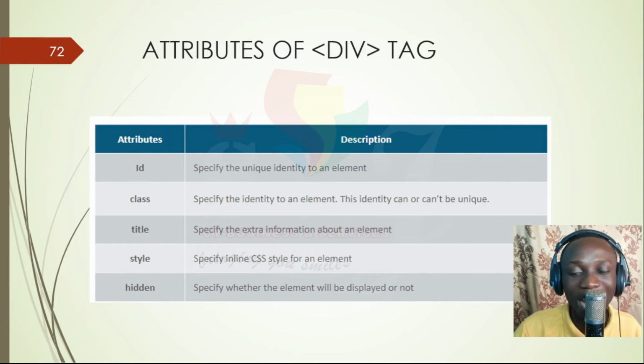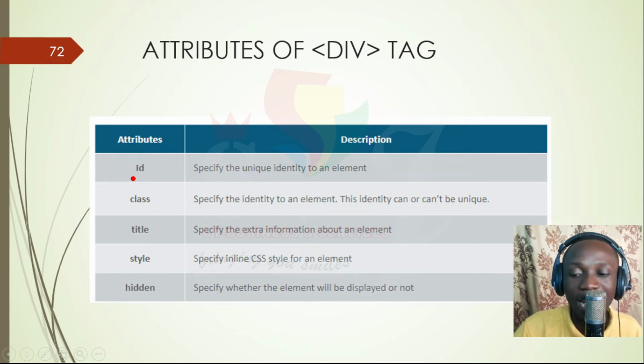And so let's look at some of the attributes of a div. I showed you all of these things before, so that once we get here and I begin to talk about them, you will not have any issues with them. So let's talk about the attribute of a div. Now, an attribute is some of the properties that a particular element can have.